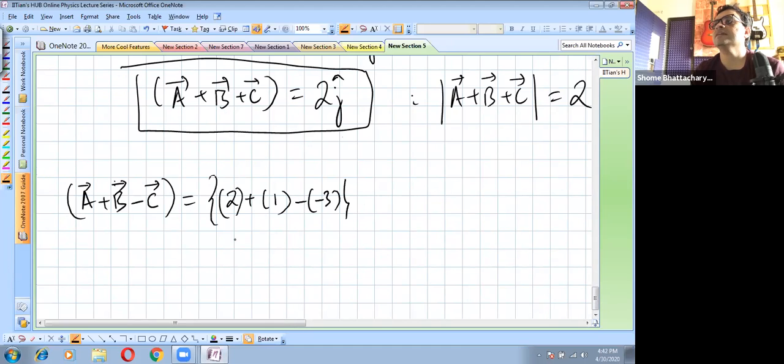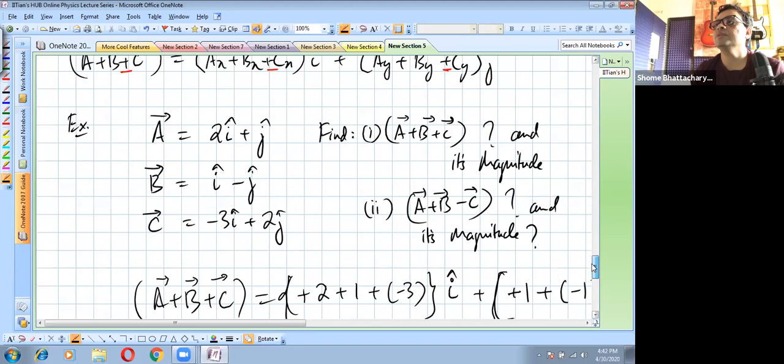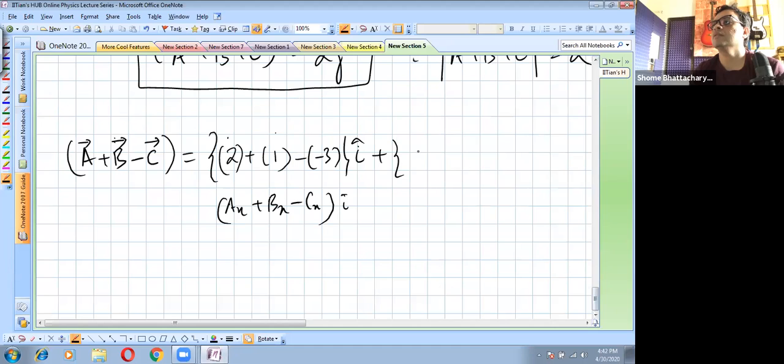So there was Ax plus Bx minus Cx, this thing into i cap. Ax itself is 2, Bx is 1 and Cx is how much? Minus 3. Similarly, the y components are 1, minus 1 and 2. So 1 plus of minus 1 minus of 2. So this is my Ay plus By minus Cy.